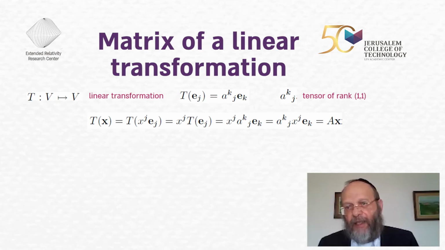This thing is the same as taking the matrix A multiplied by the vector x as a column. Now you remember x^j corresponds to the matrices as the column. No, the rows or the column?